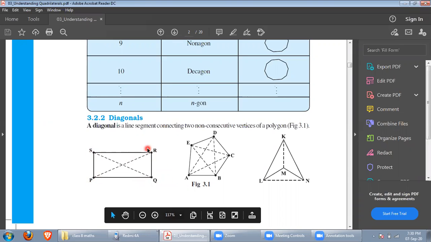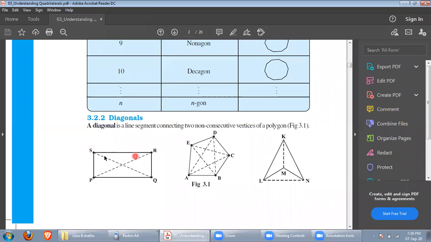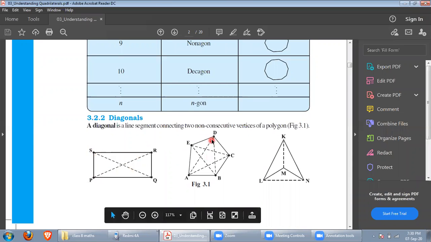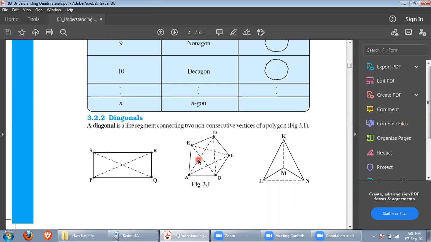We cannot simply say opposite. In a quadrilateral we can say it, but look at this figure. What is this polygon called? Pentagon. Yes, pentagon. It has 5 sides and 5 vertices A, B, C, D, E. It's not a hexagon; a hexagon should have 6 sides.